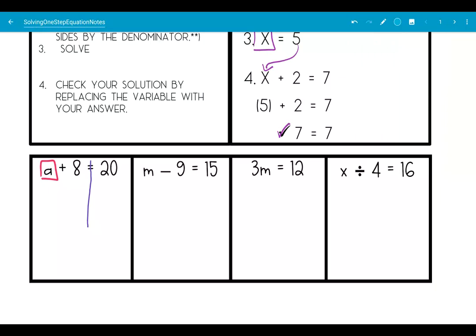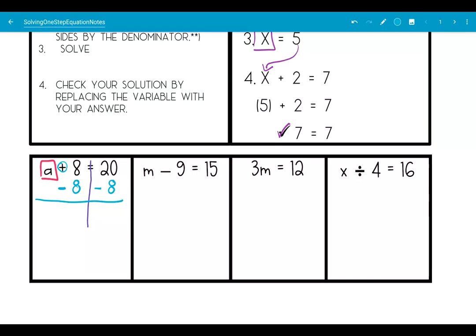I see that my operation is adding by 8, so I need to use the inverse operation. I know the inverse of addition is subtraction, so I'm going to choose to subtract by 8. Whatever number is messing with my variable, that's what I'm subtracting by on both sides. Make sure that you have the exact same number on both sides of that vertical line.